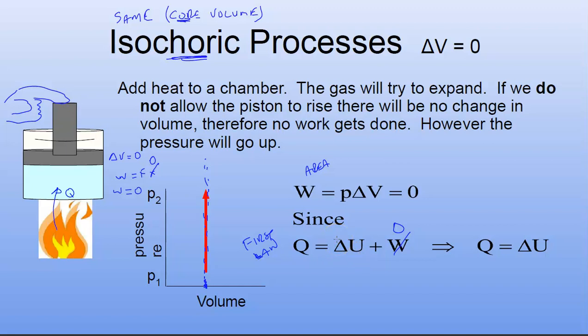Those gas molecules inside that trapped volume are moving more now. They have more kinetic energy. That thermal energy, that internal energy, whatever you want to call it, is all in the kinetic energy of those molecules moving around. They're bouncing off each other more violently, off the walls, everything. So in an isochoric process, you can find the work and then put that into the first law right there.